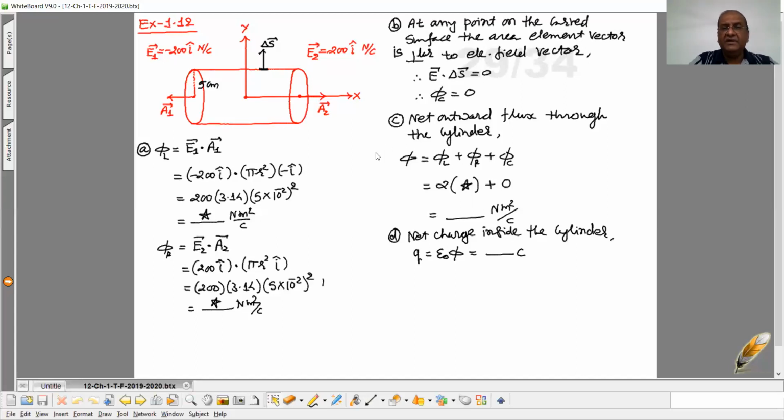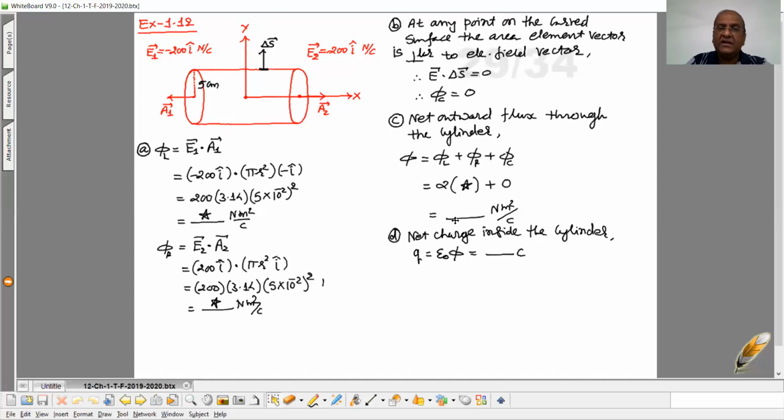Then after that, the net outward flux through the cylinder. So we can write flux phi is equal to the flux passing through the left flat face, plus the flux passing through the right flat face, plus the flux passing through the cylindrical surface. For the left and right flat faces the flux is the same, so we can write 2, and whatever is the answer calculated for left or right, substitute it, and then the flux passing through the cylindrical surface is 0.